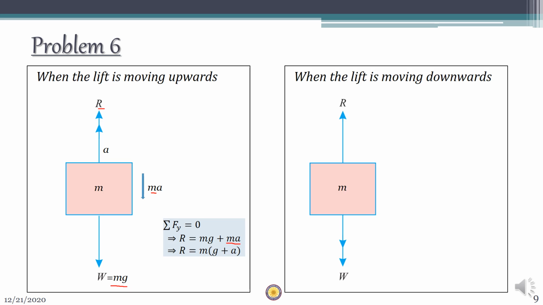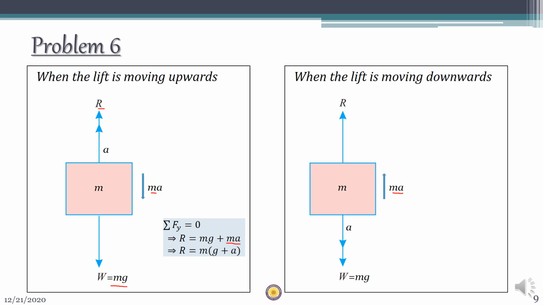When the lift is moving downward, we have a downward acceleration, and the weight is obviously acting downward, so its magnitude is again m into g. This is in a dynamic or kinetic state. Acceleration is acting downward, which means we have to include an inertial force vector in the upward direction, and its magnitude is mass into acceleration.